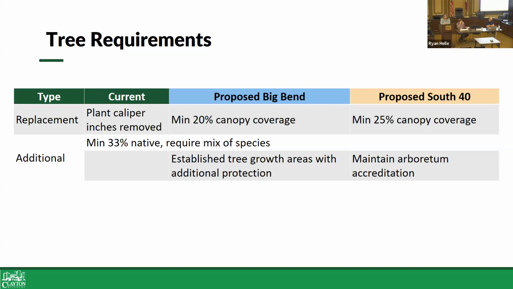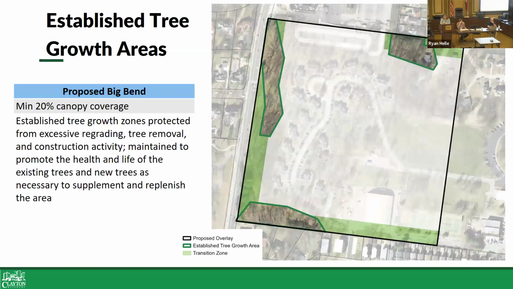In addition to just the canopy coverage requirements, we're also proposing, for the Big Bend overlay, established tree growth areas. These areas are specifically highlighted here, outlined in this darker green color. We used the survey of the property provided by Washington Concordia that identified the location of trees and their size today.